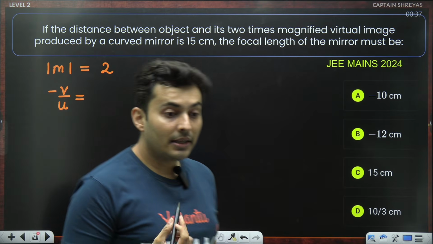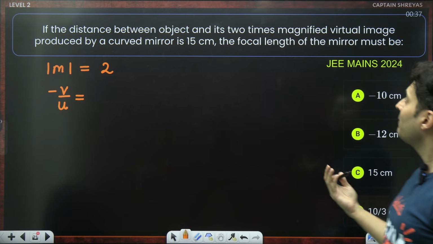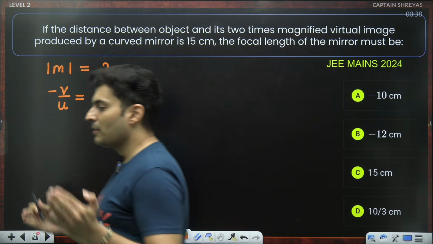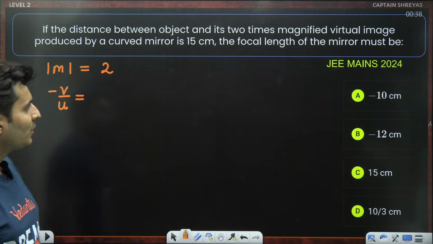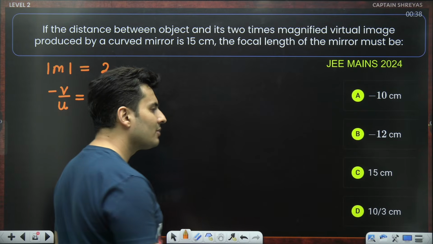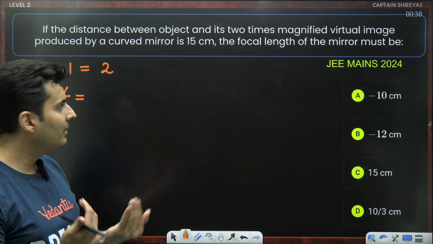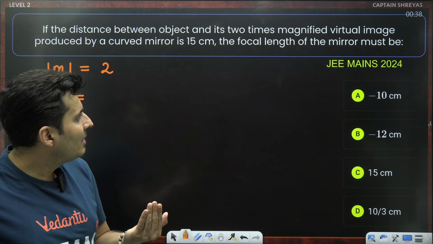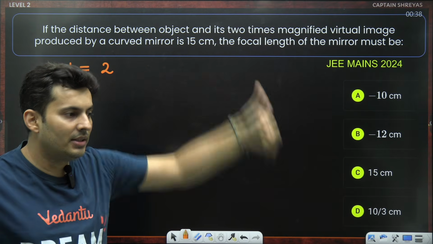Now, because it is a virtual image and it is magnified 2 times, the magnification must be positive or should it be negative? Just think about it. If it is virtual, then the image is formed behind the mirror. So the image will be virtual and it will have positive magnification.